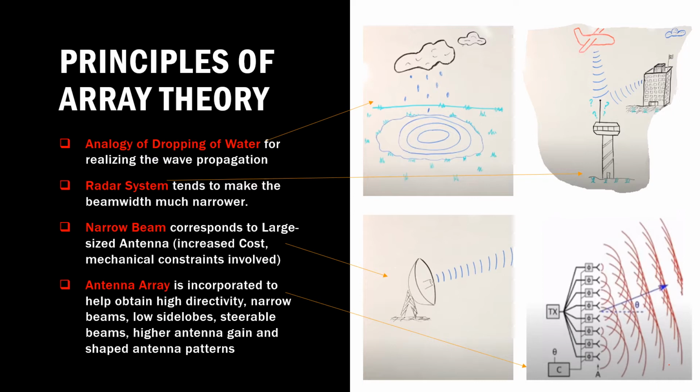Let's say we have a cloud and it has some water, and the water falls from there into the pond to create ripples, and this ripple creates waves, and the waves are analogous to the sine waves, right? In figure 2, we have a radar system.